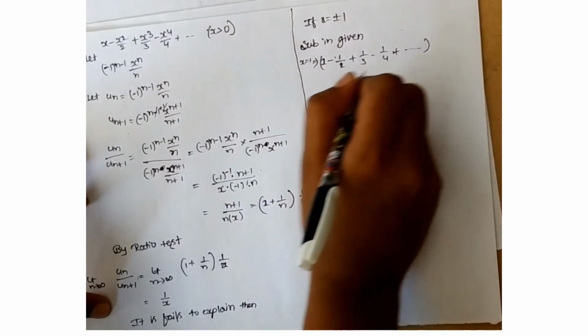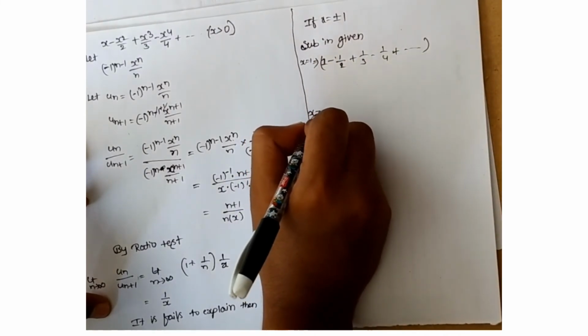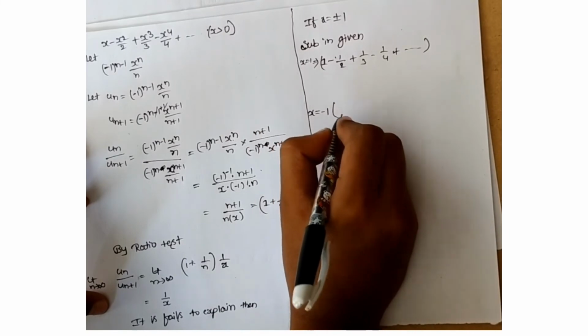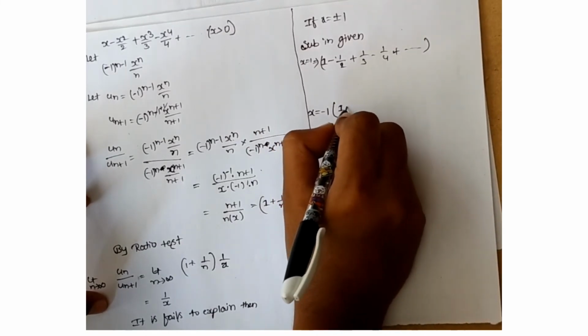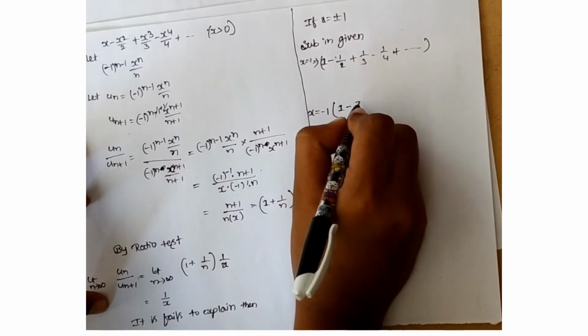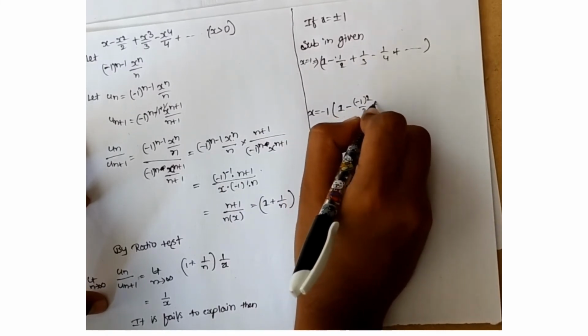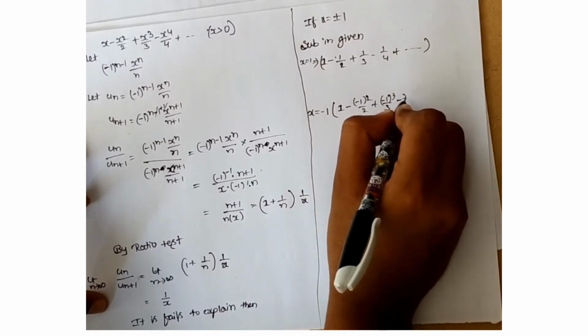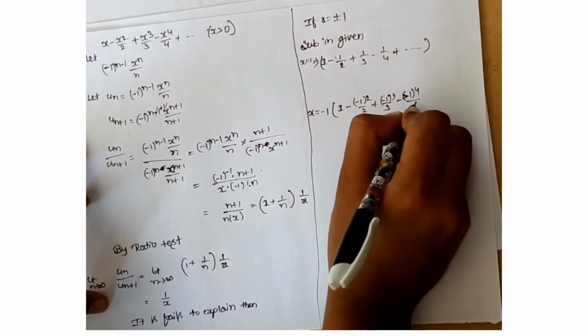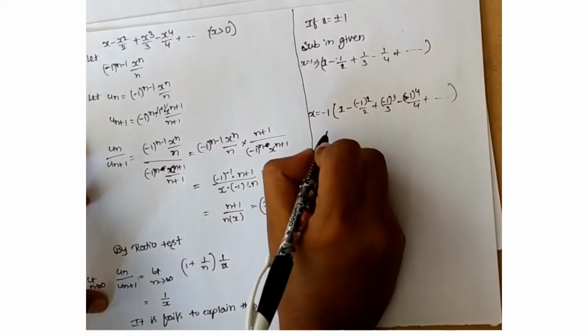If x equals minus 1, we get here minus 1 whole square by 2 plus minus 1 whole cube by 3 minus 1 whole power 4 and so on.